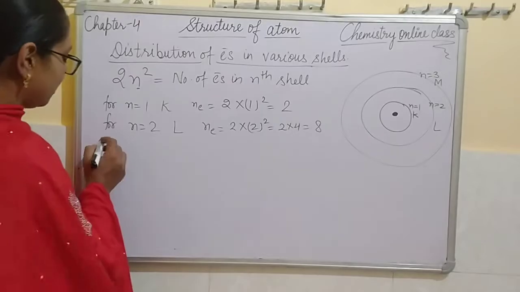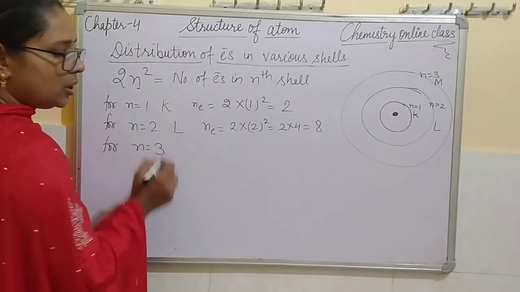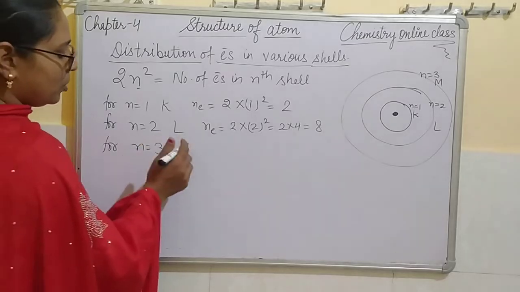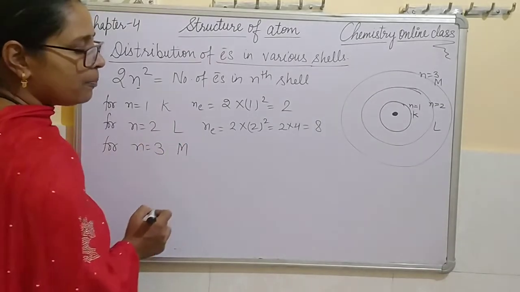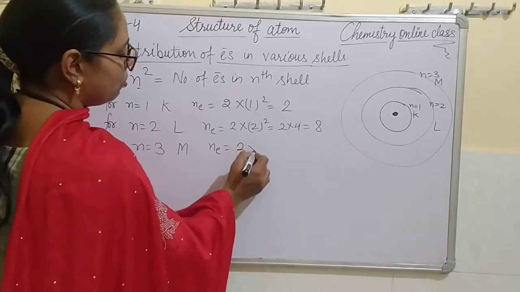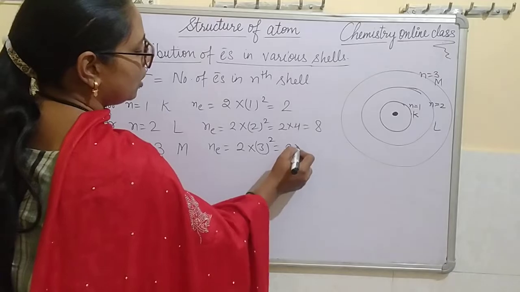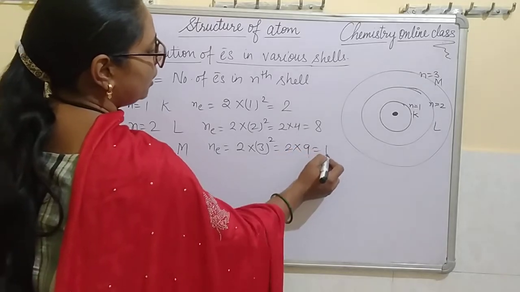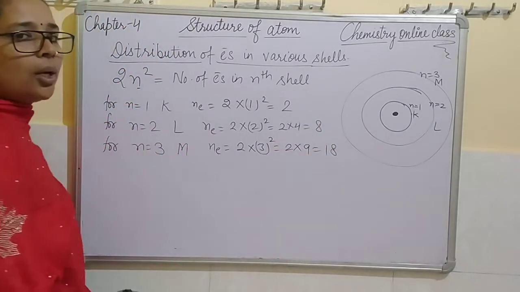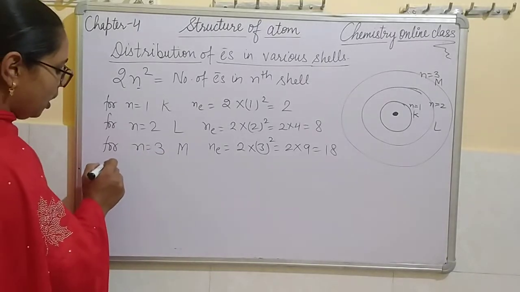In a similar way, we can calculate the number of electrons in the third shell, for which n equals 3. That means for M shell, the number of electrons is 2 multiplied by 3 square. 3 square is 9, so it is 2 into 9, 18. There are maximum 18 electrons in the third shell.